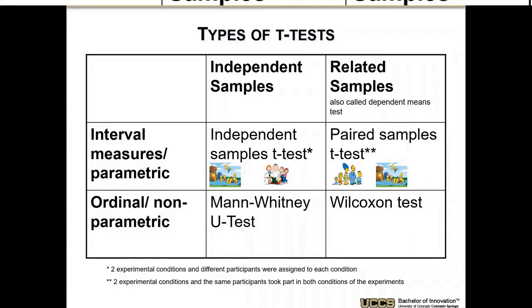When we look at the t-tests, for interval measurements or parametric stuff, we can talk about what are called the independent sample t-test and the paired t-test. The independent sample is the normal one.